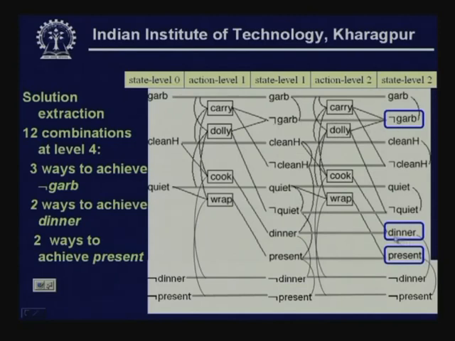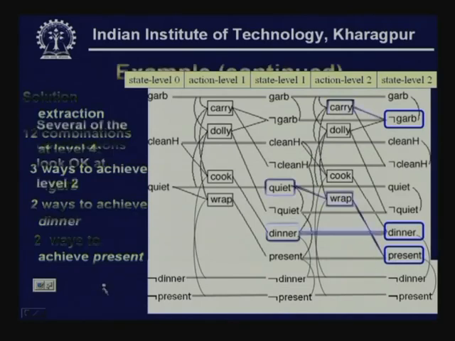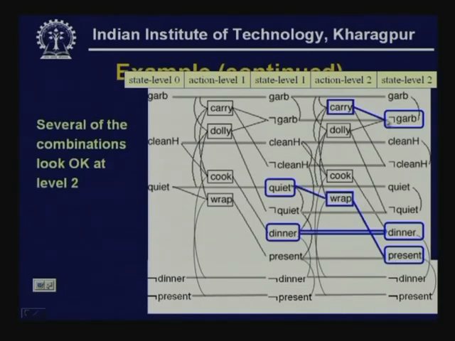For dinner, there are 2 ways, the maintenance action and cook. For present, there are 2 ways, the maintenance action present and wrap. Now, we choose to achieve not garbage by carry, dinner by the maintenance action dinner, and present by the action wrap. So, this is one possibility by which we can achieve these goals.